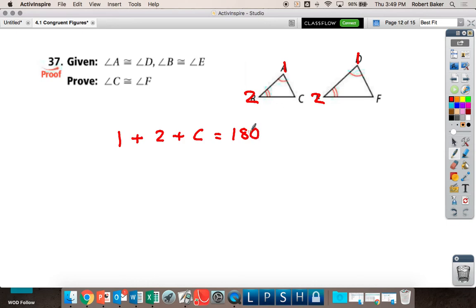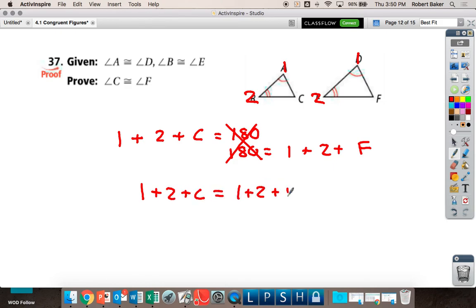The same thing goes for the other triangle: 180 is equal to angle 1 plus angle 2 plus angle F. So we have this thing called the transitive property. If it's repeated, then it's deleted. So I delete the 180s and I get a new statement. 1 plus 2 plus C is equal to 1 plus 2 plus F.